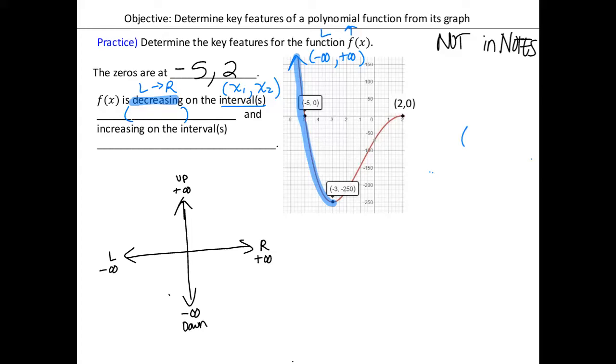So I heard negative infinity to negative 3, and negative 3 to positive infinity. Natalia, what did you guys say? Okay, let me call one more page. What did you guys say? Positive infinity to negative 3.